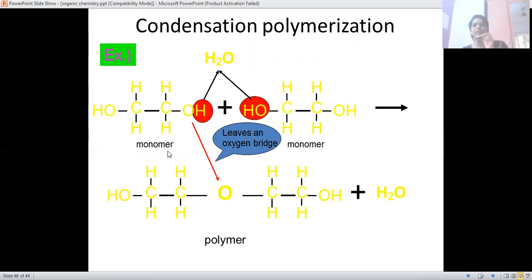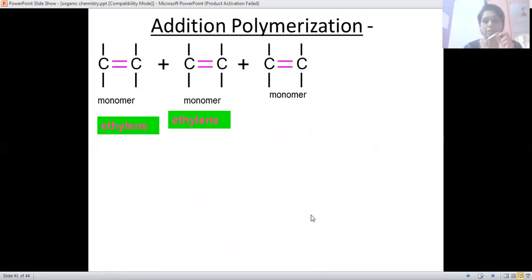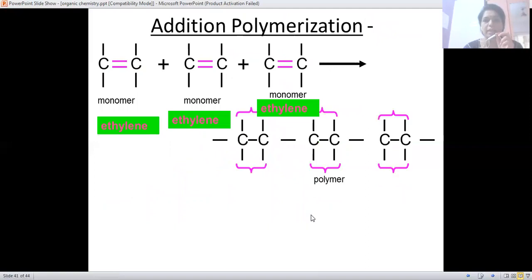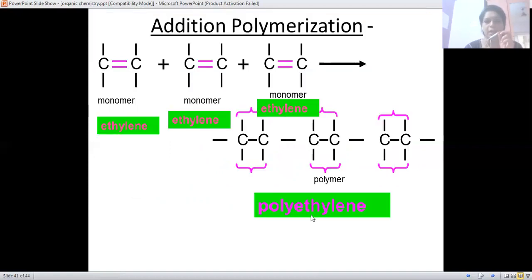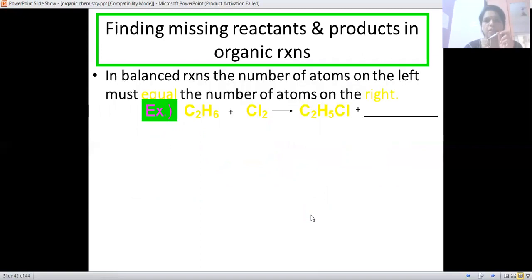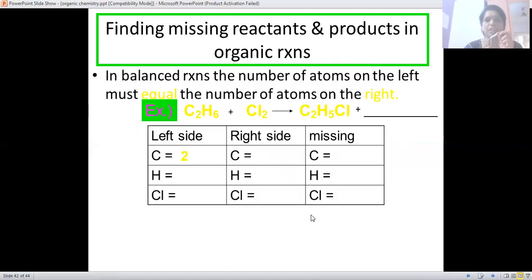Now, how do polymers get condensed with each other? This way, releasing one water molecule. Then the monomer is ethylene, and the formation of different types of polyethylene. So this is how we will see the balanced reaction.